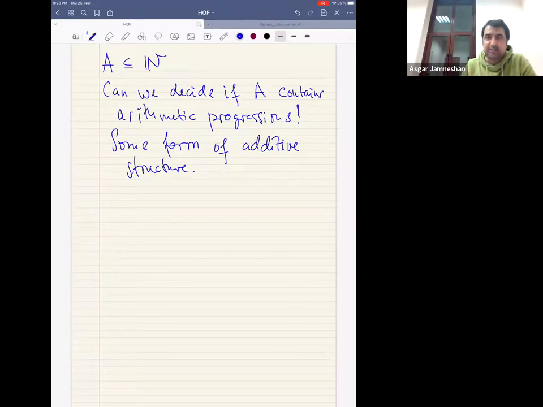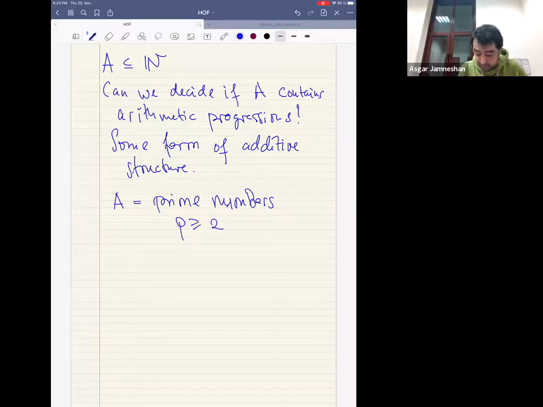So here is an example of a subset which you probably all are familiar with. Suppose A are the primes. So A is a collection of all prime numbers. These are numbers larger than 1, such that they can be only divided by themselves or 1.